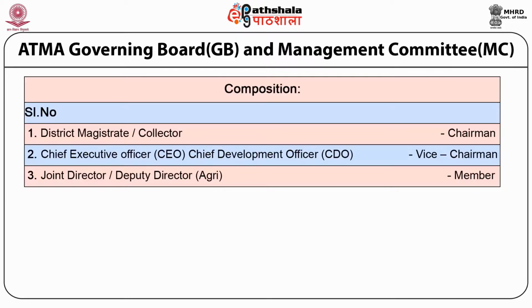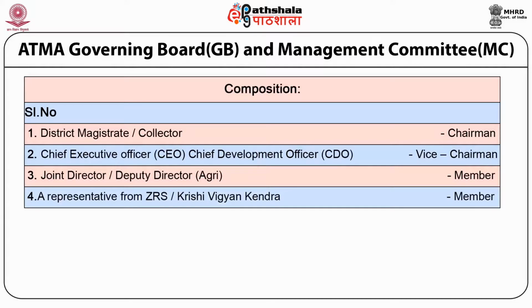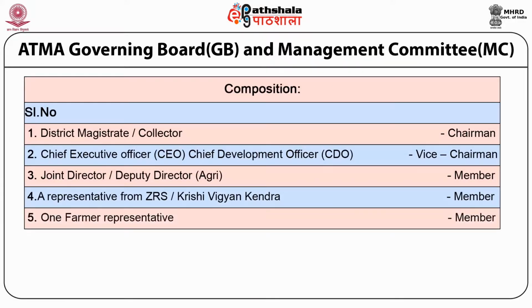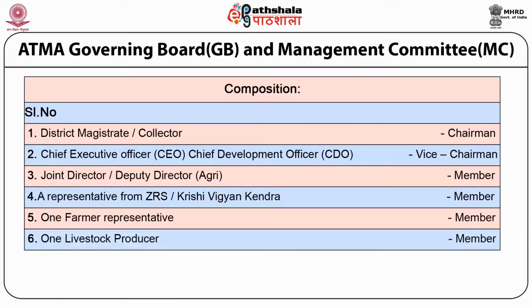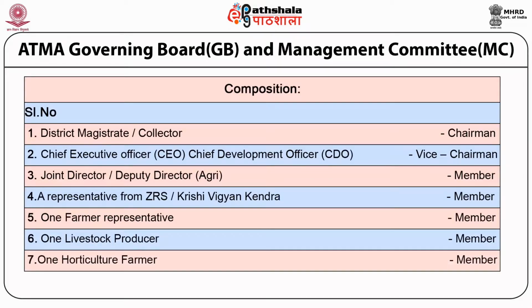The other members include a representative from the zonal research station or Krishi Vigyan Kendra, one farmer representative whom we identify as the progressive farmer of that district, one progressive livestock producer of that district, and one horticulture farmer, who is growing a good amount of horticultural crops, as members of the ATMA governing body.